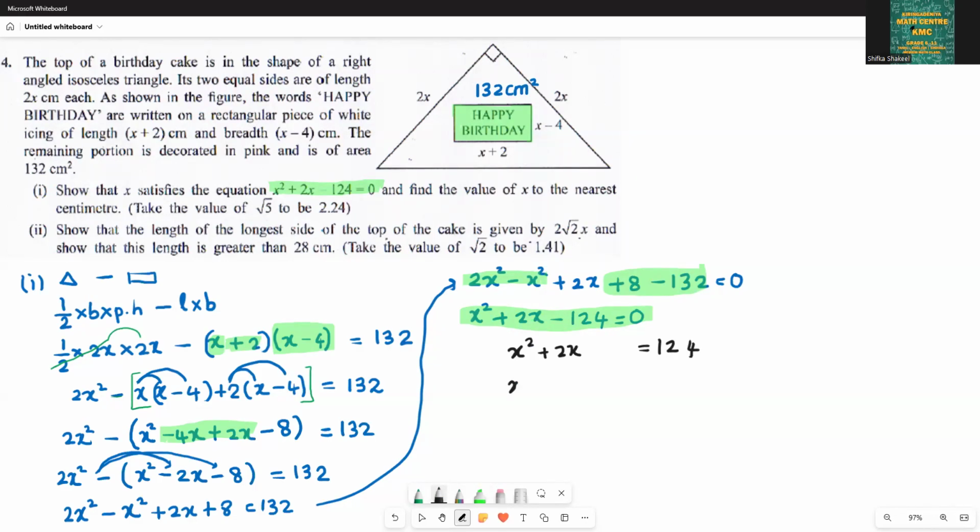So we copy and write x plus half of this, that is 1, in a bracket squared. 1 squared is plus 1, which should be added on both sides of the equal mark. So 124 plus 1 is 125. The completing the square method is easy for this question. X plus 1 whole squared; taking it to the other side, it becomes the square root of 125.